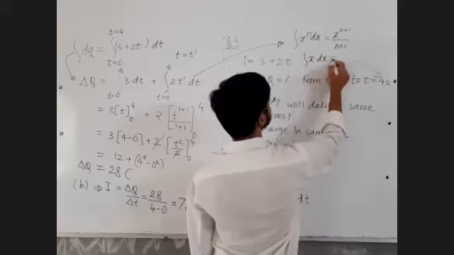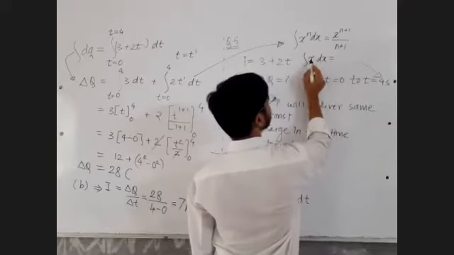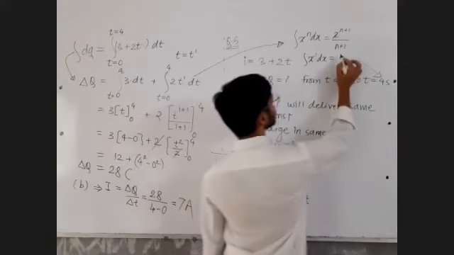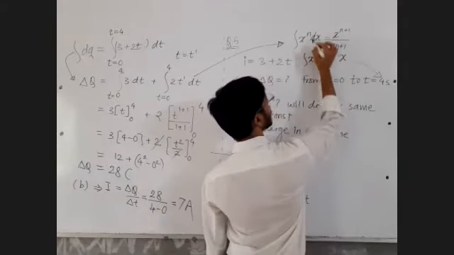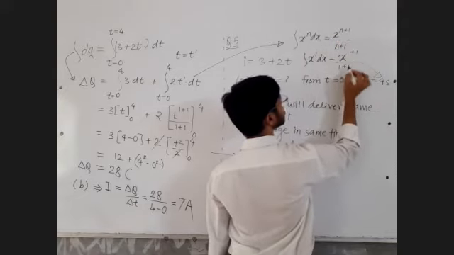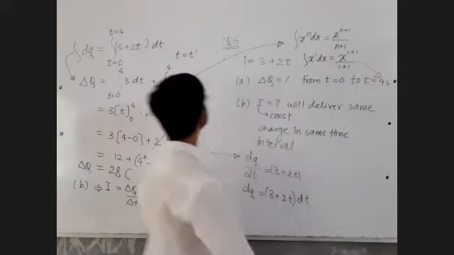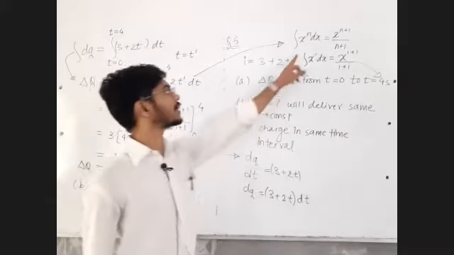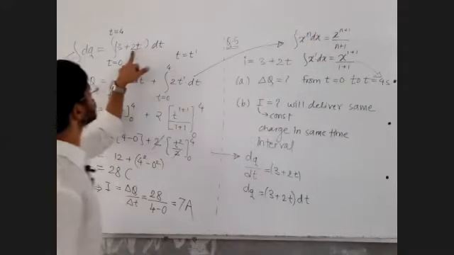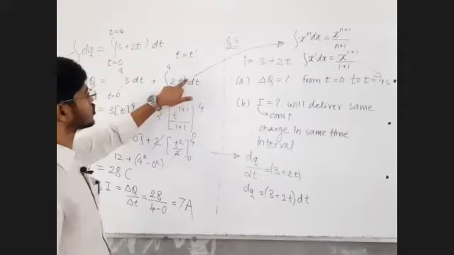In case of x, it will be x raised to 1. So now instead of n, I can write 1. So x raised to 1 plus 1 upon 1 plus 1. The formula contains n and I should know the value of n. So I wrote this 2t as 2 into t raised to 1.